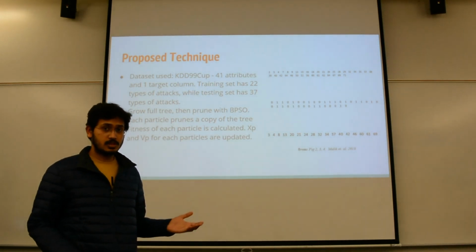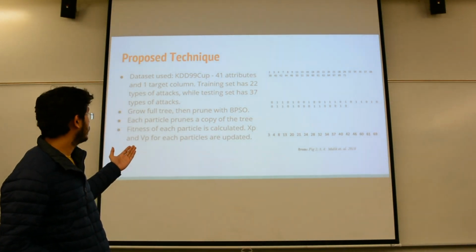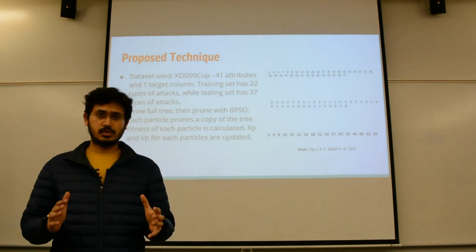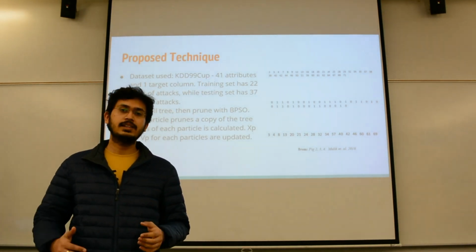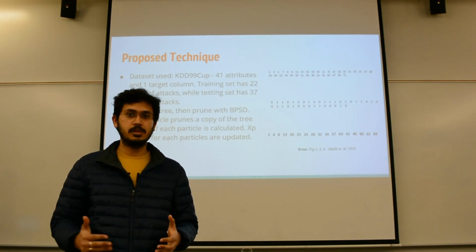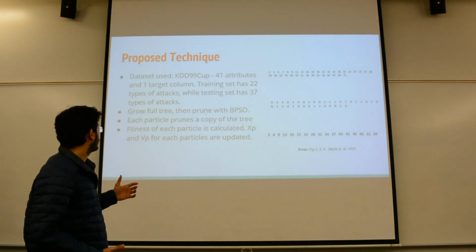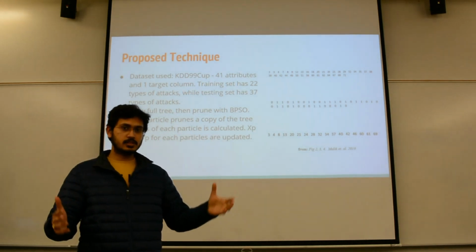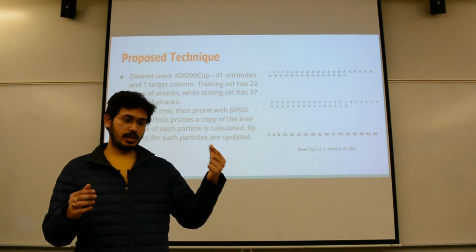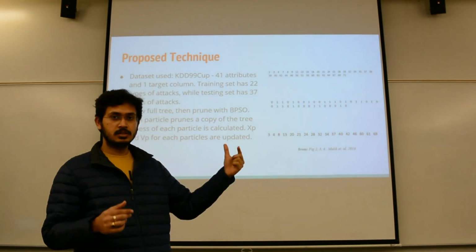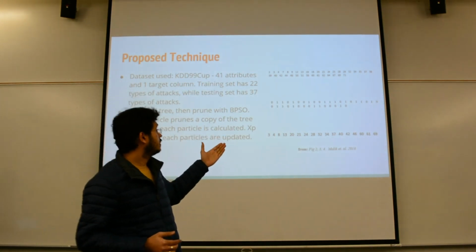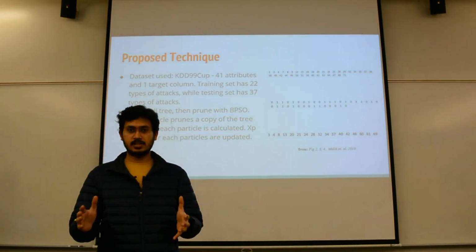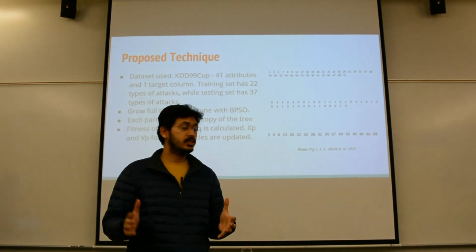The authors used the dataset KDD99 CUP. First of all, the full tree is allowed to grow, and then they post-prune with the BPSO algorithm. After the full tree is grown, every node is assigned a number starting from 1, and the root node and the leaves don't participate in this method.